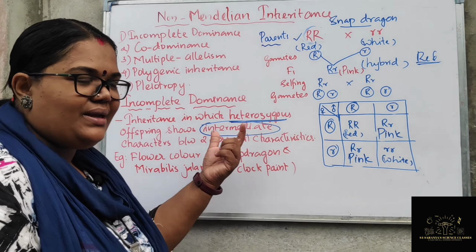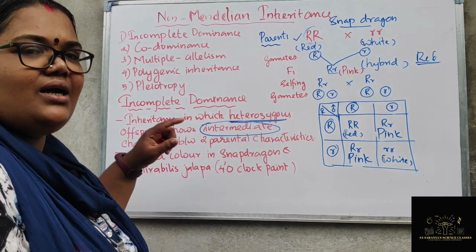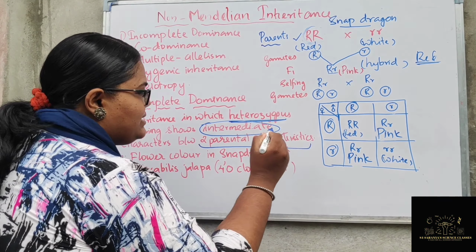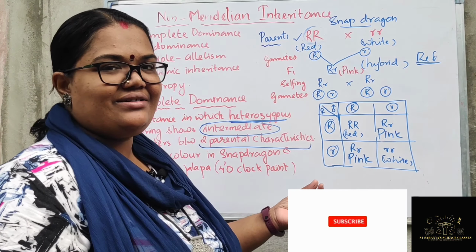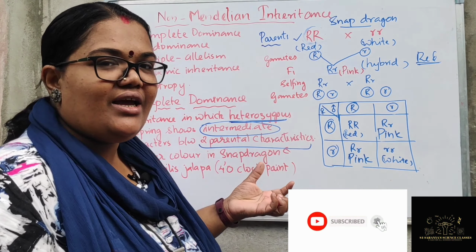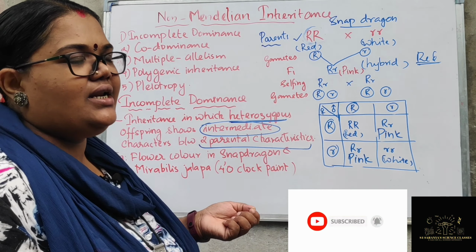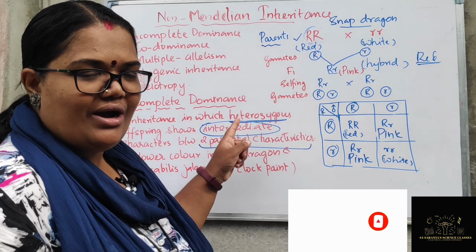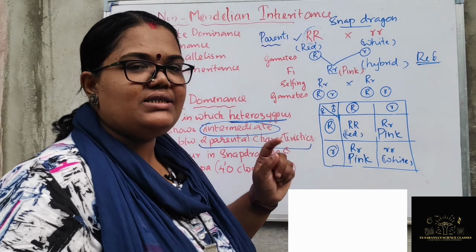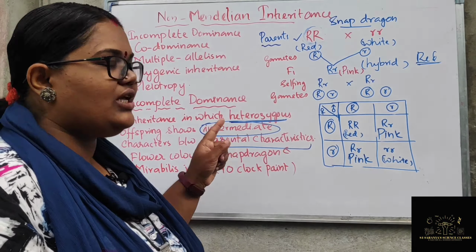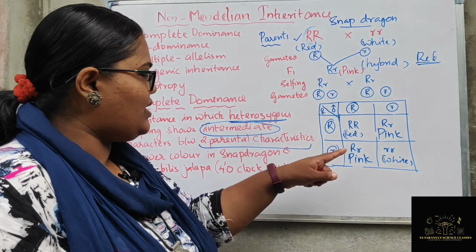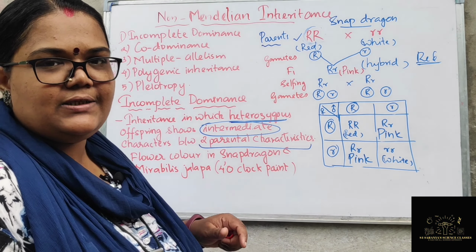It shows the intermediate character between the parental characteristics. So here the parental characteristic is red and white, so they got the intermediate in between. So especially you have to remember that heterozygous offsprings show an intermediate character. So that's why it is called incomplete dominance.